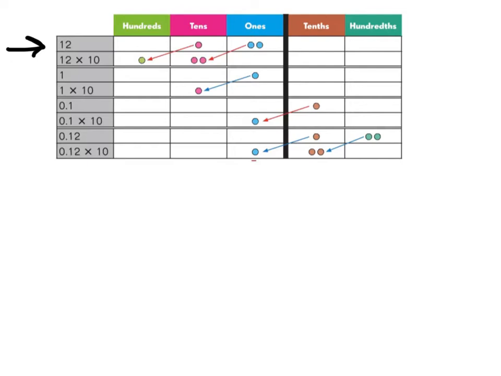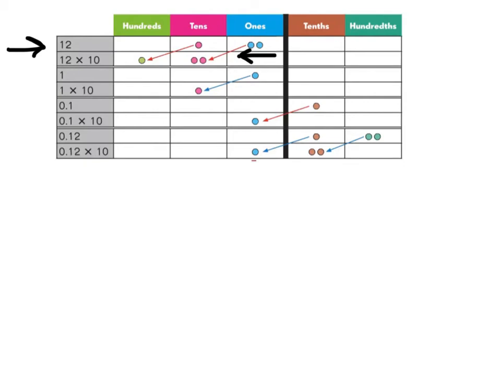And when we multiply by 10, remember that pushy zero comes in and shoves everything over one place on the place value chart. We talked about this way back at the beginning of the year. So that moves our 1 from the tens column to the hundreds column, and our two ones from the ones column to the tens column, gives us a new answer, which is 120.